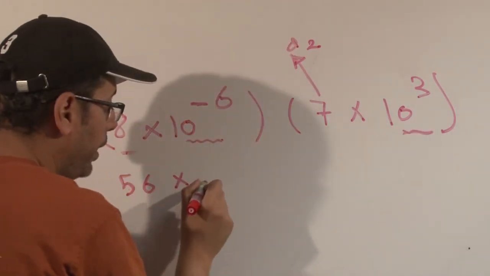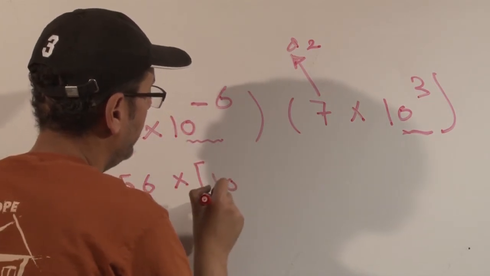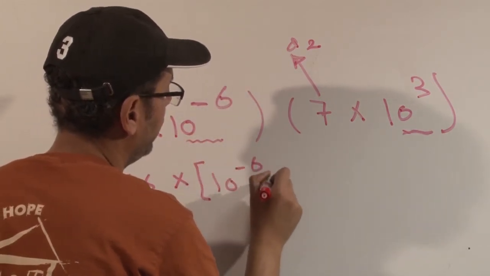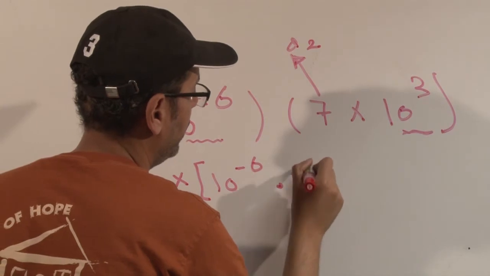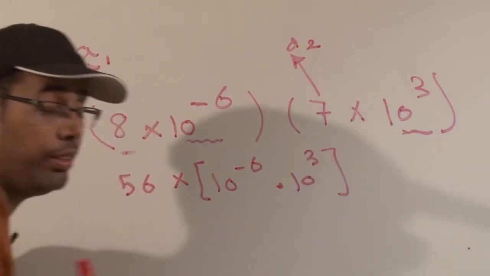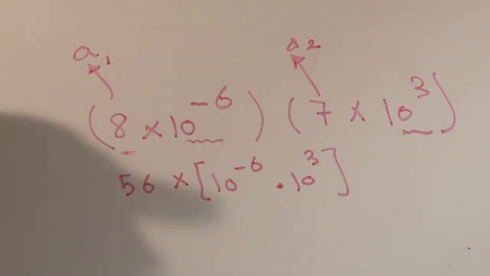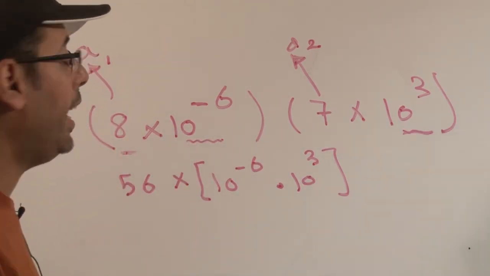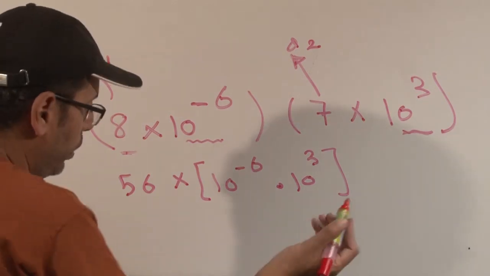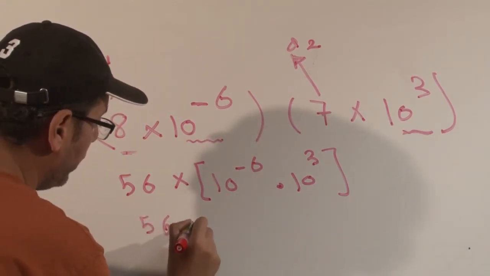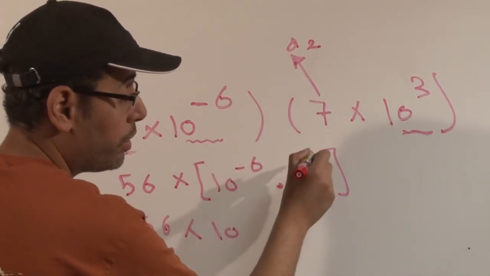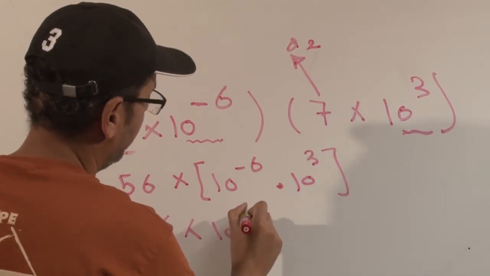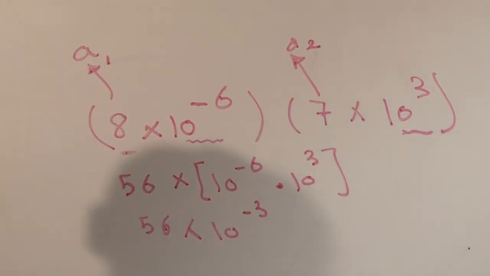When I multiply 10 to the negative 6 times 10 to the 3, as we have learned before, when we multiply the same base with different exponents, we add the exponents. So let's simplify that. 56 times 10, negative 6 plus 3 is, yes, negative 3. Thank you. All right.